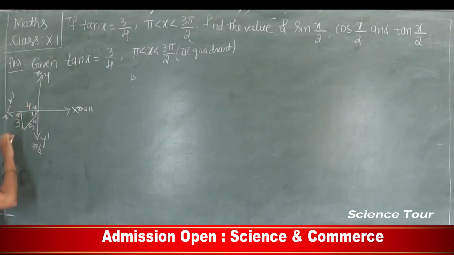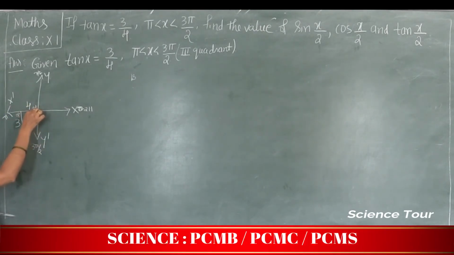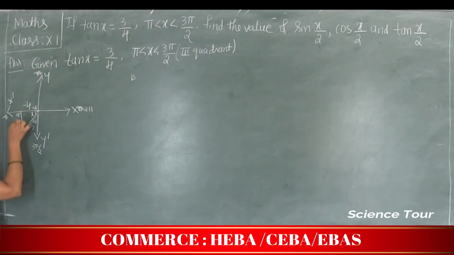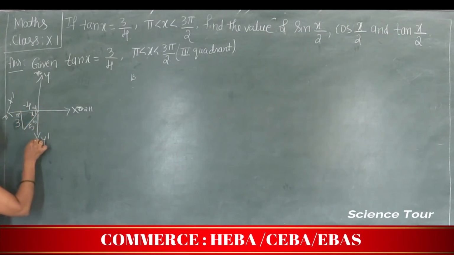Yes, now see the sign. The adjacent side is on the negative x axis, so it is minus 4. And this opposite side is parallel to the negative y axis, so it is minus 3. Correct now?